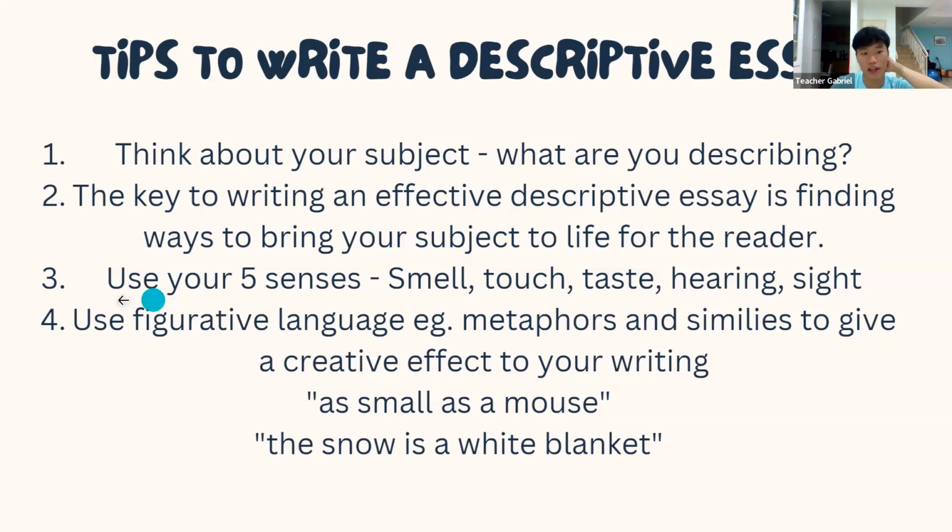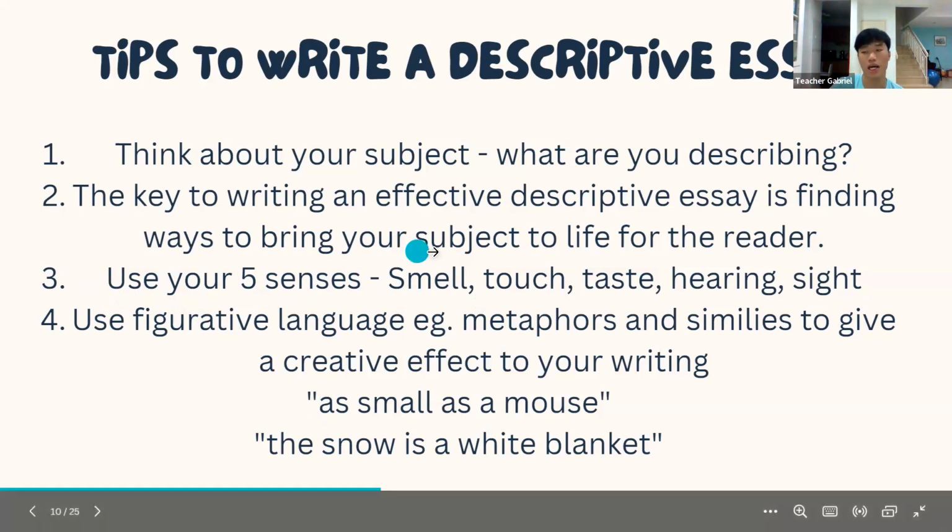Alright, and then number three, use your five senses. So how do we write an effective descriptive essay? By using our five senses. So our smell, our touch, our taste, what the tongue tastes, then hearing, what we hear, and what we see.